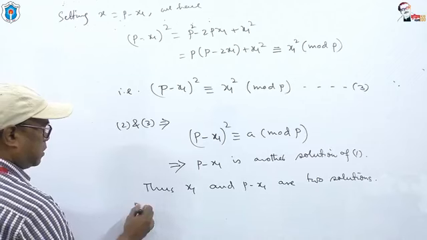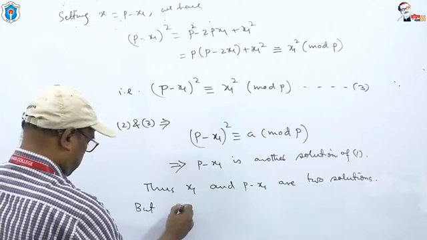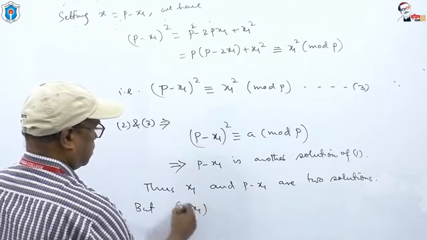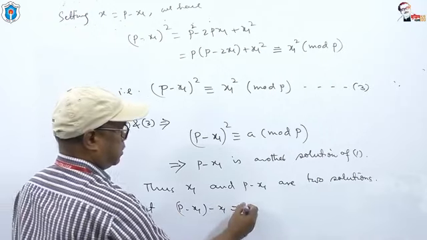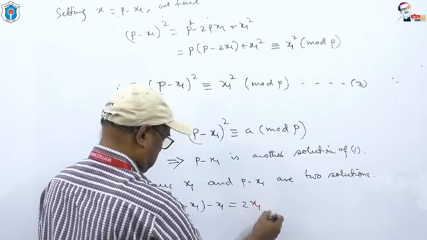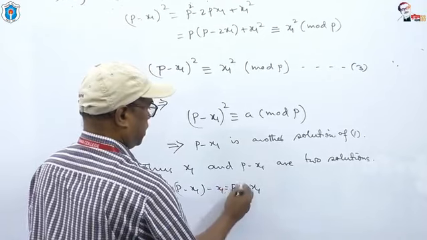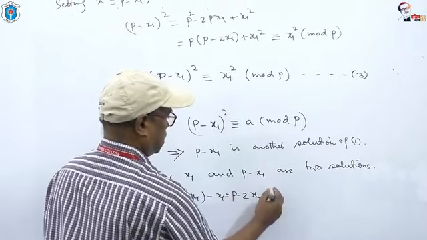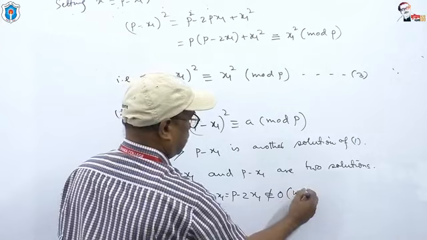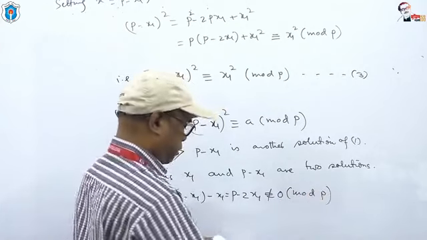But p minus x1 congruent to x1 would mean p minus 2x1 congruent to 0 mod p, which does not hold.